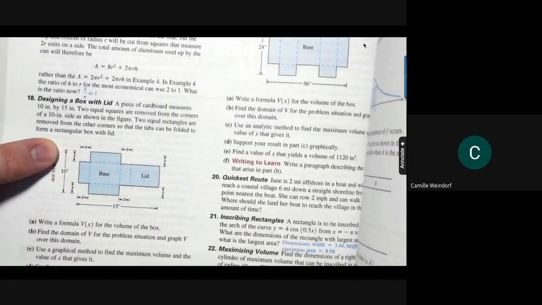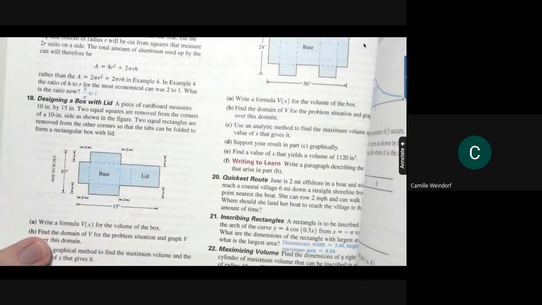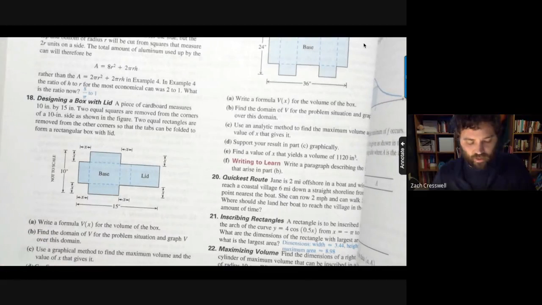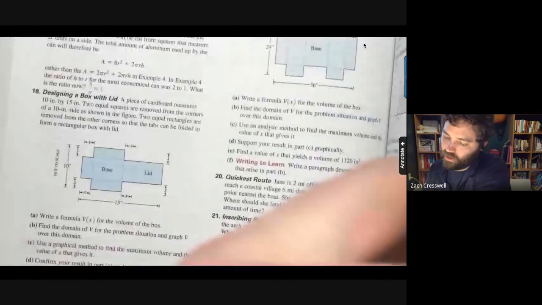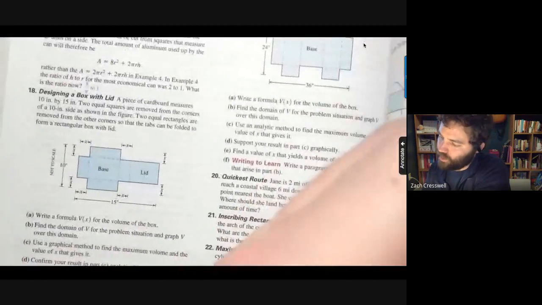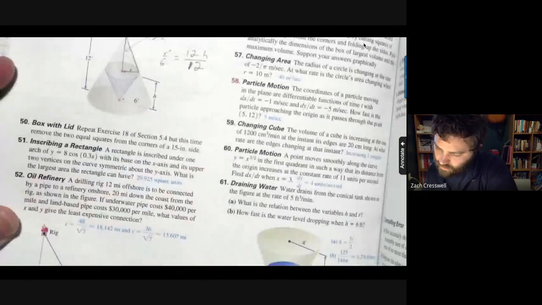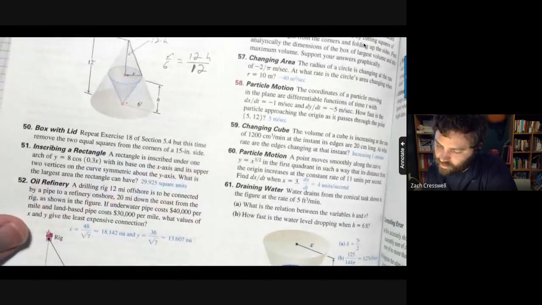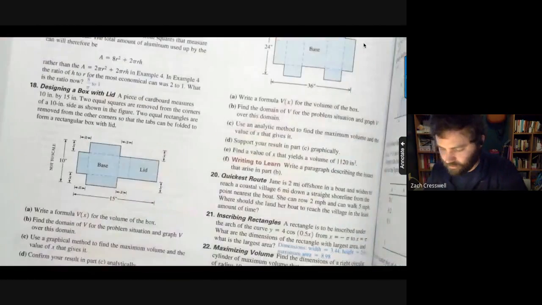I thought 50 was asking us to switch those numbers. Because if you just solve it how it is, then you're just solving 18. That's right. You're solving the original. Yes, you're right. Okay, I'm sorry. Yeah, it says to switch around the 10 and the 15. Is that right? Yeah, but this time remove the 2 equal squares from the corners of a 15-inch side. Yeah, okay. So you're right.